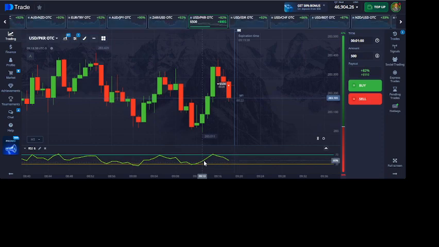So the idea is, once again, you wait for the RSI line to shoot above the 70 line and then fall back below the 70 line and take the trade. Take the trade in the direction of the candle here. So let's wait for the expiration.